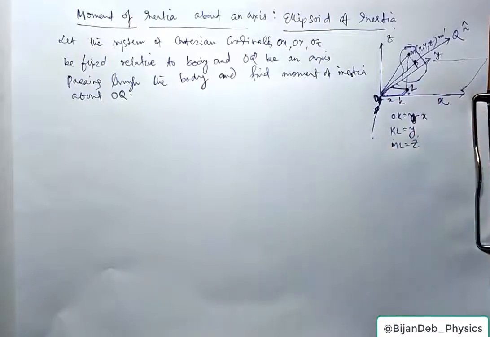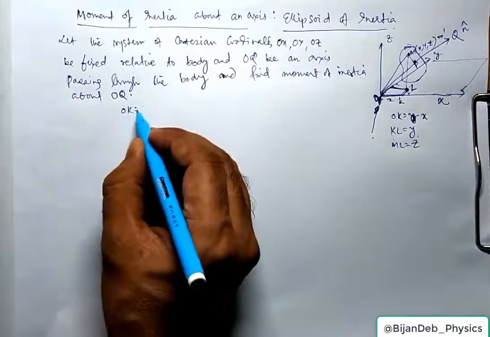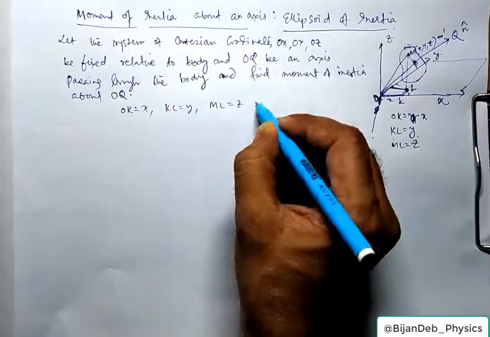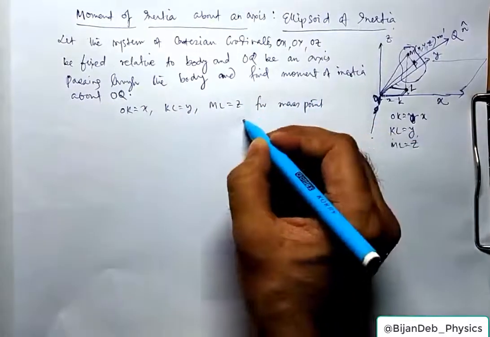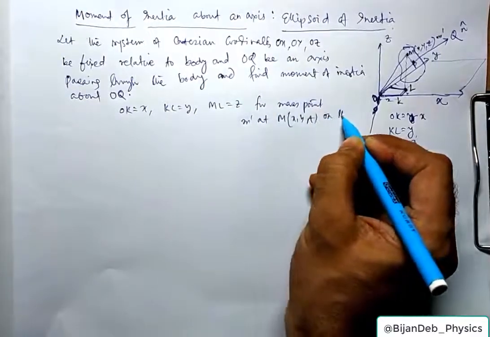Okay, so this is any coordinate system. We have OK equal to X, KL equal to Y, ML equal to Z for mass point M prime at M (x, y, z) on the body.